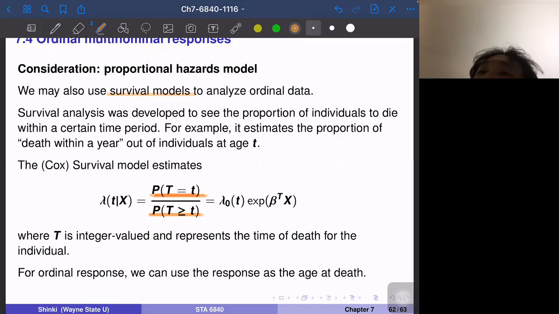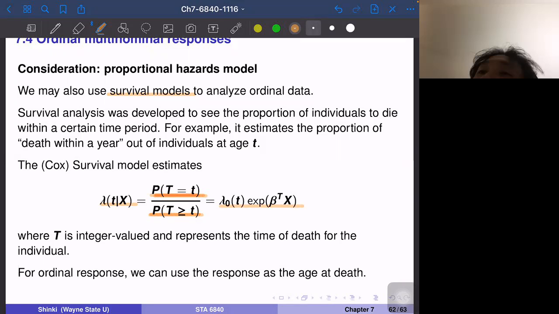T is discretized, so t may be year, but at least we can see the probability of survival in a certain time period. Then the Cox survival model estimates this probability by this formulation.